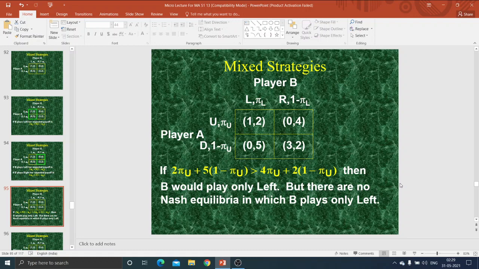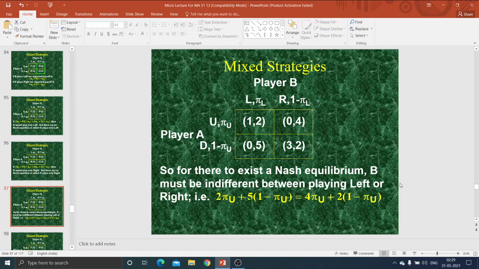But there is no Nash equilibrium in which B plays only left. That means if 2 pi u plus 5 times 1 minus pi u is less than 4 pi u plus 2 times 1 minus pi u, then B would play only right, but there is no Nash equilibrium in which B plays only right. So for a Nash equilibrium to exist, B must be indifferent between playing left or right.